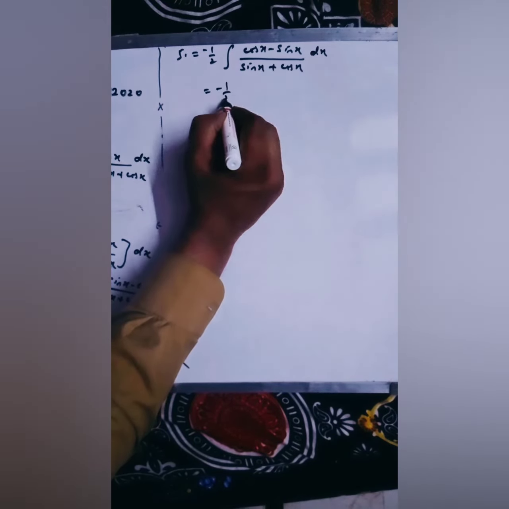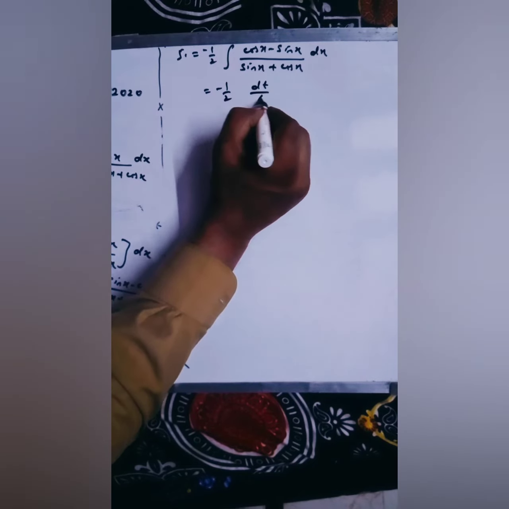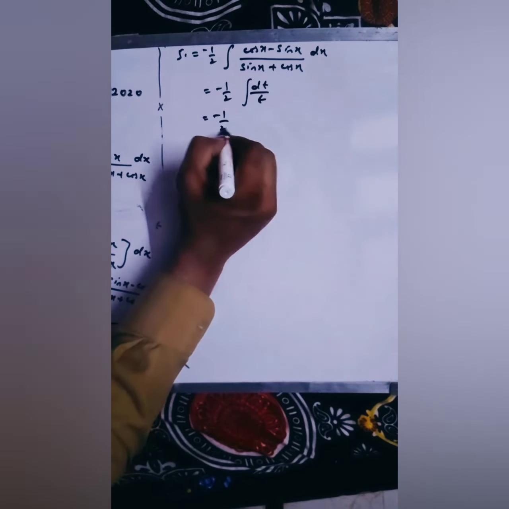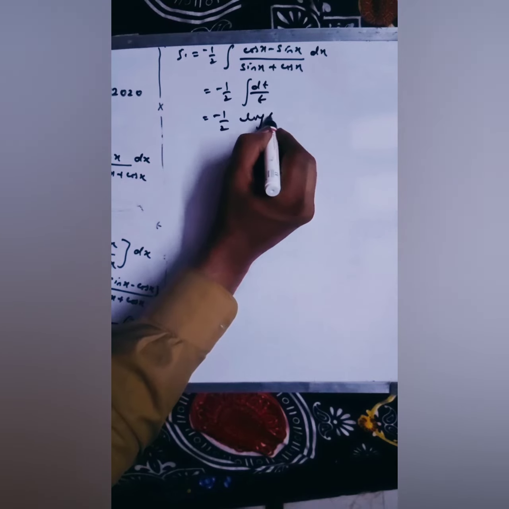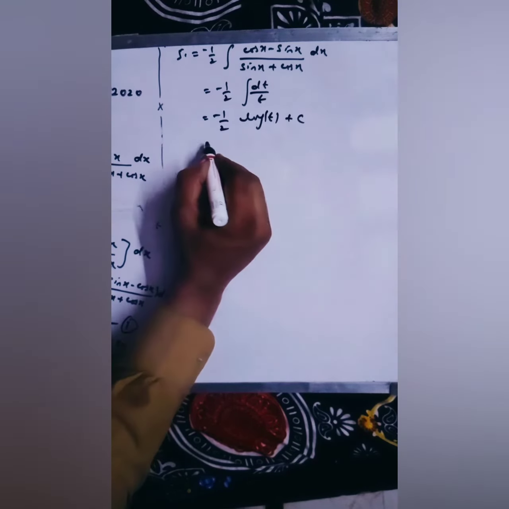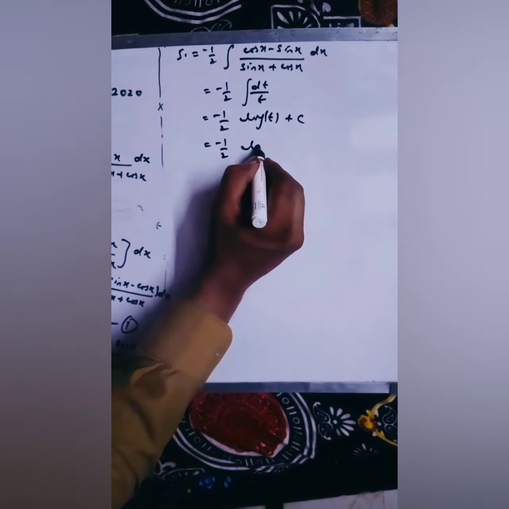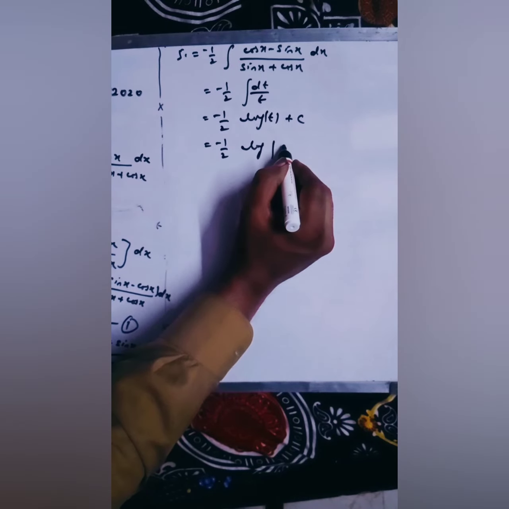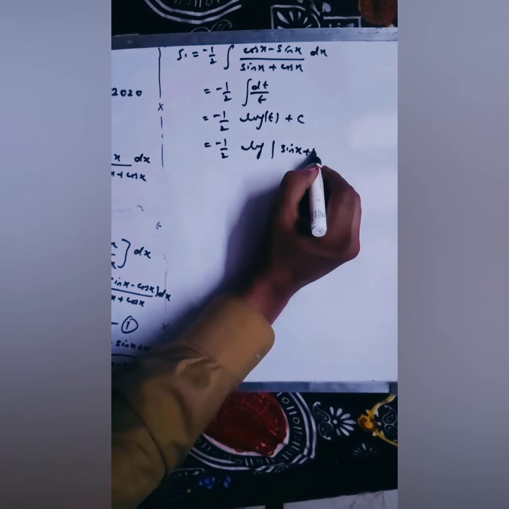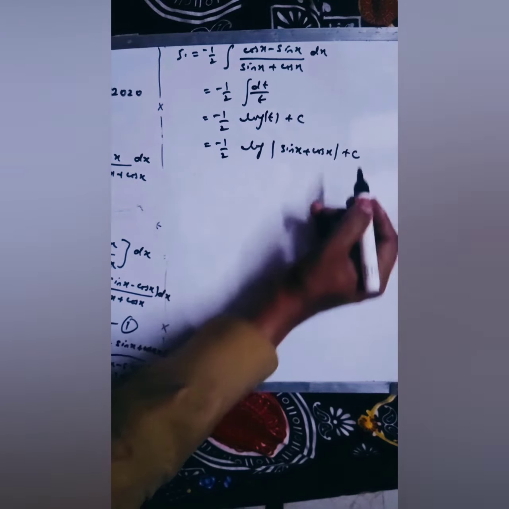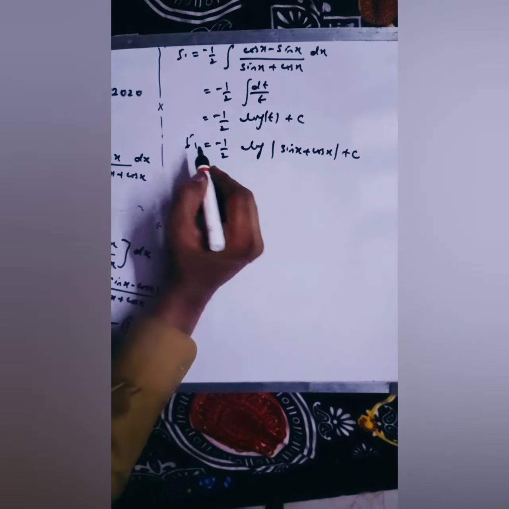Okay, so this would be dt by t. So your answer would be minus half log t plus c. So minus half log, your t was sin x plus cos x plus c. Okay, so this is your I1, and you have to put this value of I1 in equation number 1.